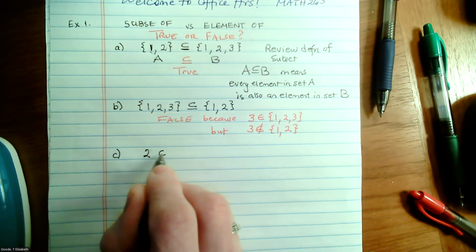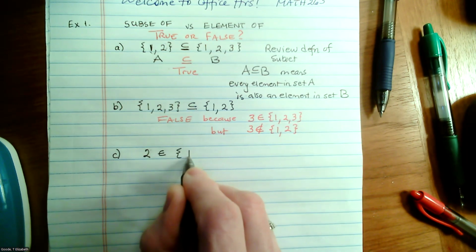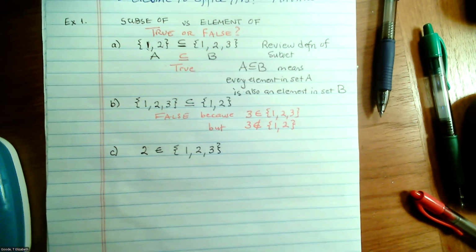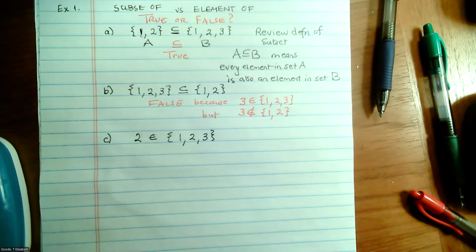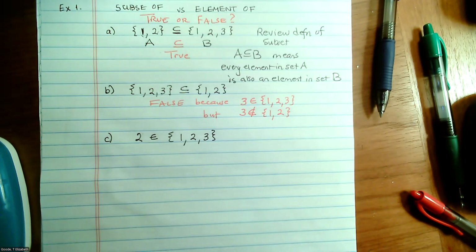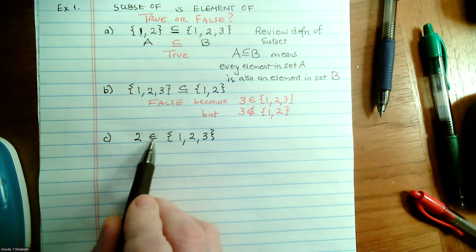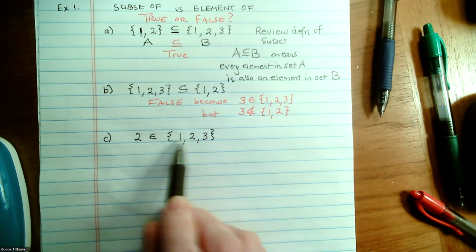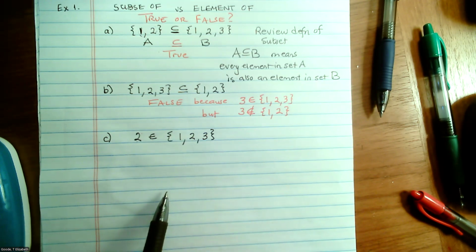Two is an element of the set containing 1, 2, and 3. True or false? Now, element of just means that this object, whatever it is, sits inside these set brackets as an element of this set. Is it true?